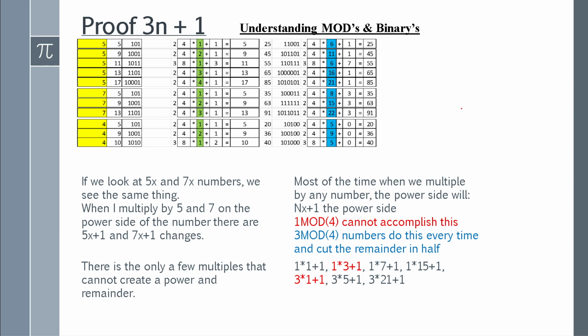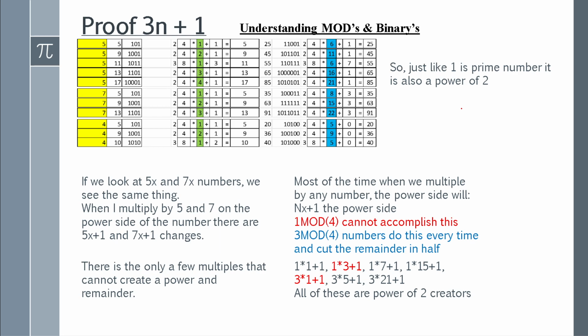So basically any number that gives us a number that only has 1 in the binary, right, which are all the powers of 2. And what you're going to see is that 1 times 3 plus 1, or 3 times 1 plus 1, right, is on the list. And like I said, all these are powers of 2.